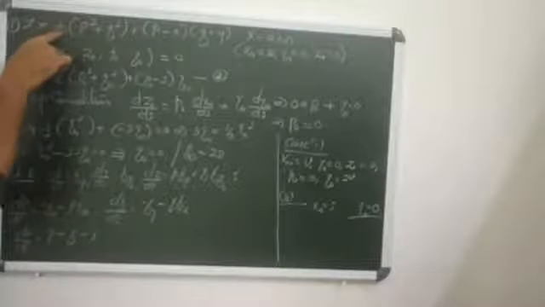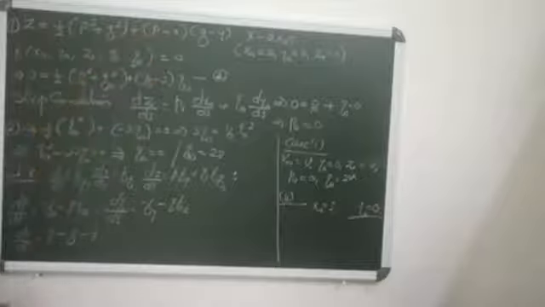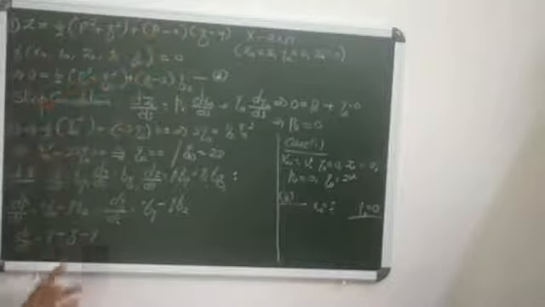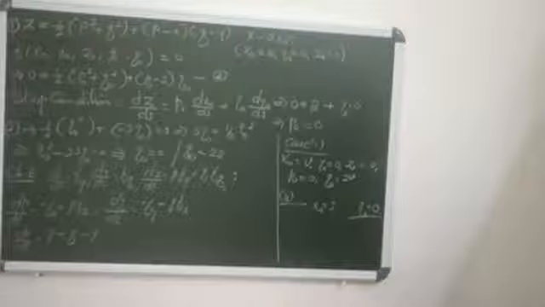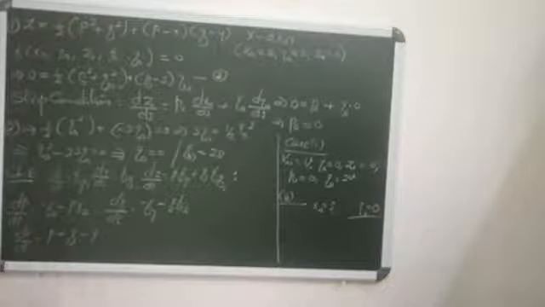Fp with respect to p is half of 2p, so it is p, and then the other term gives q minus y. So dx by dt equals fp, that is p plus q minus y.